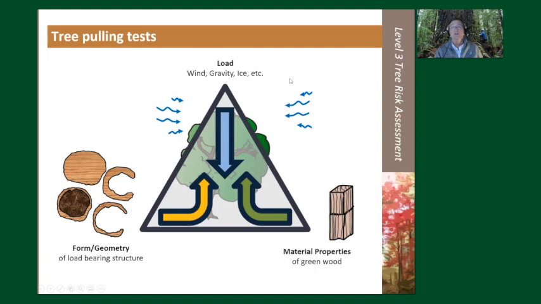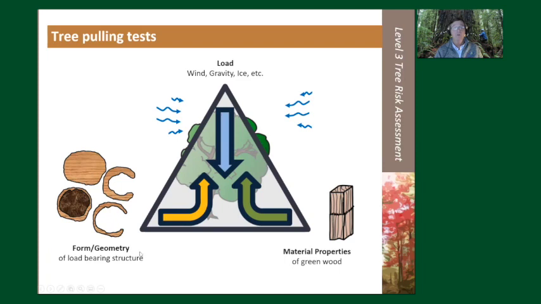With a tree, the load that we're most concerned about is wind loading, acting on the crown of the canopy and creating bending forces at the base of the tree. And those bending forces will either contribute to breaking a tree that has hollowness or significant decay, or it's also the force that could uproot the tree.